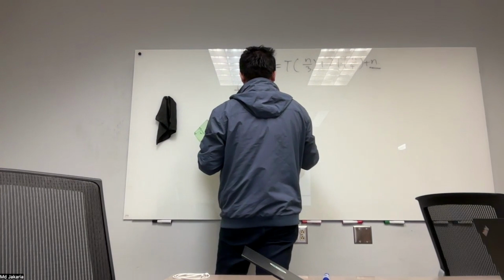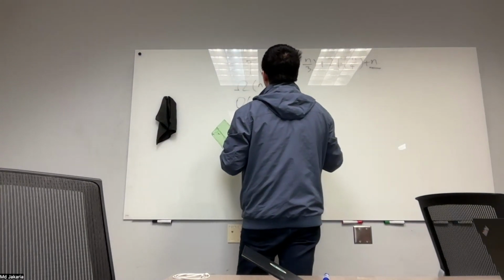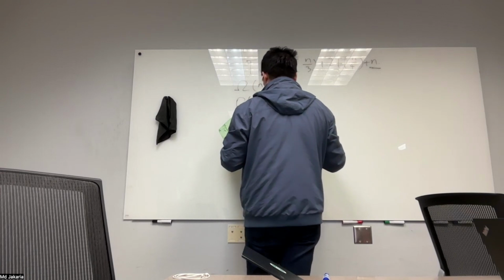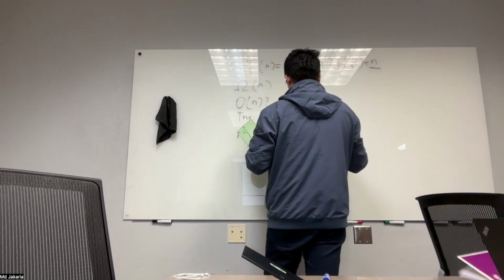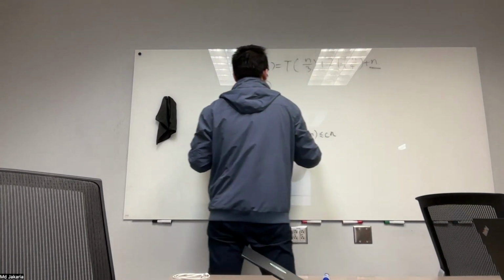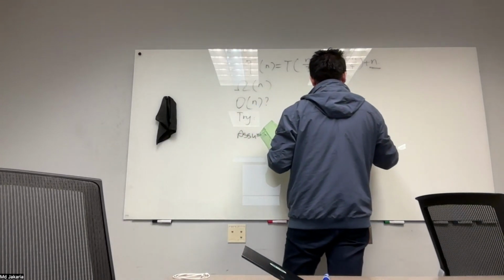Assume that there exists some C such that T of n is smaller than C times n for all values less than n.